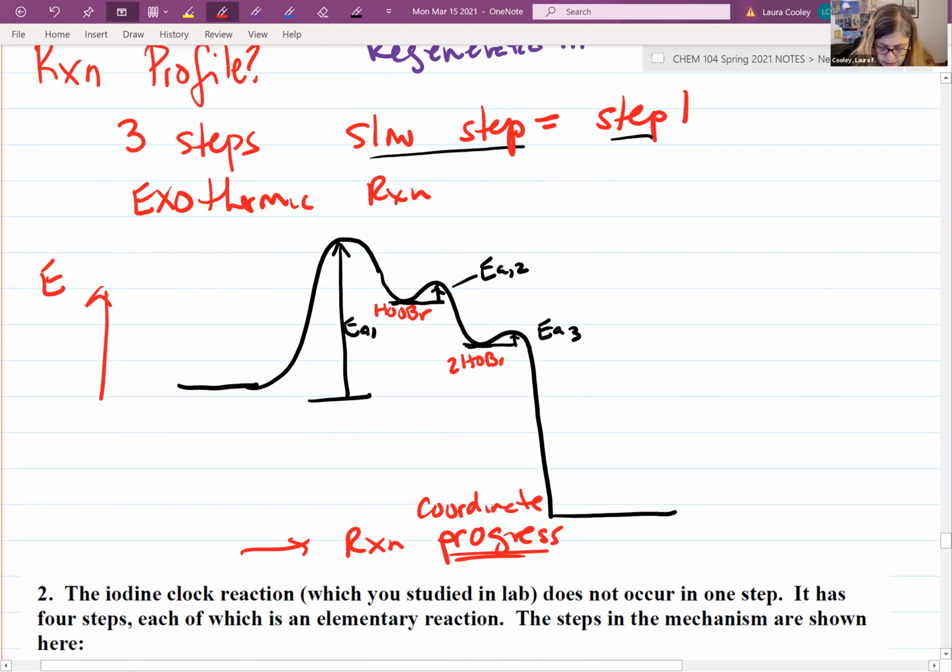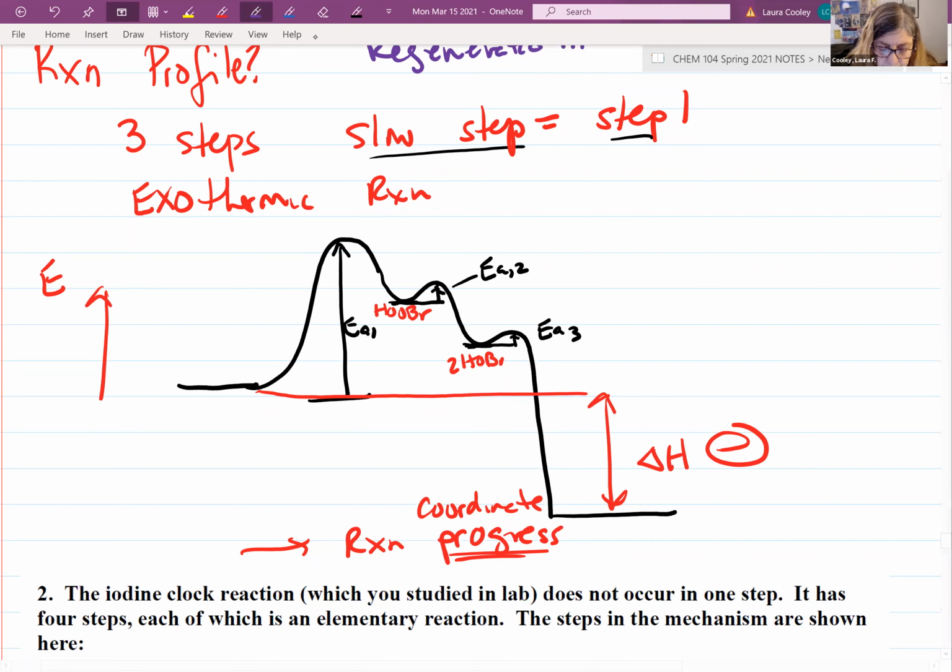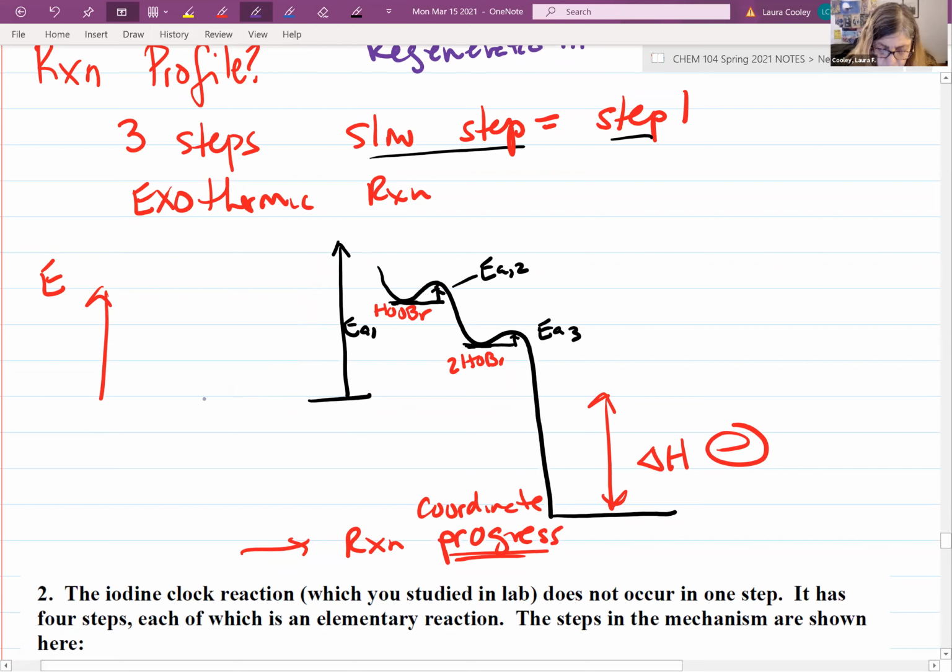Delta H would be negative because it's an exothermic reaction. I didn't do such a good job on this, so I'll do a better job. So this has to really be the same.